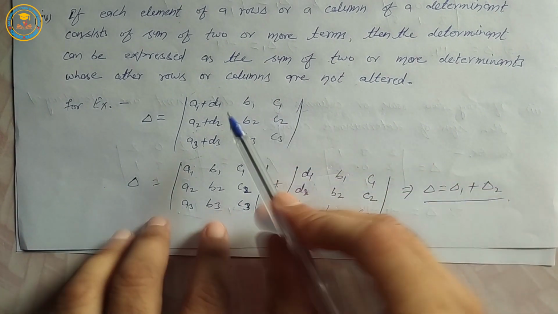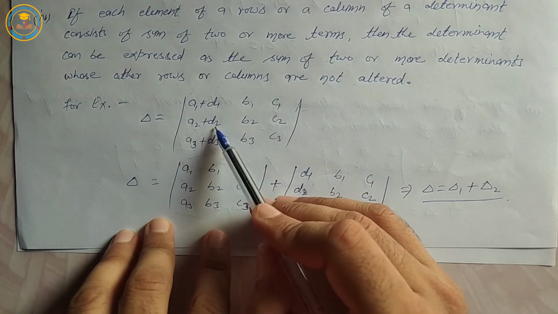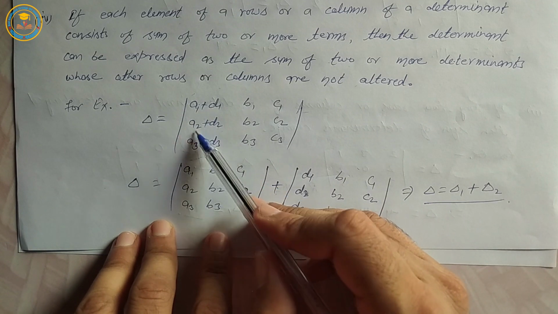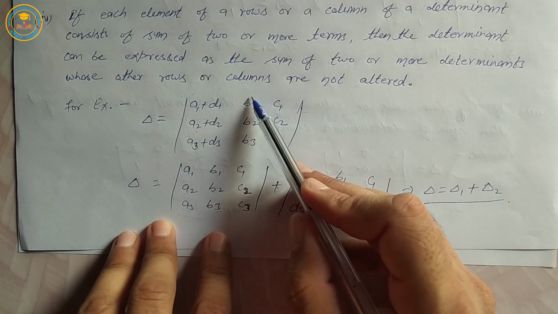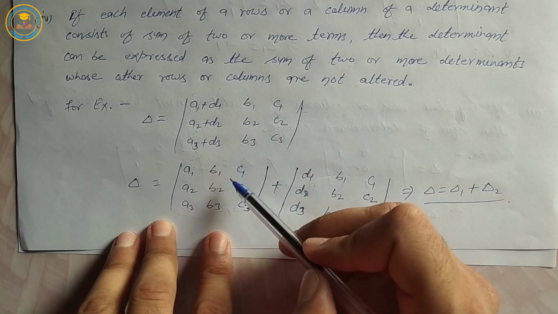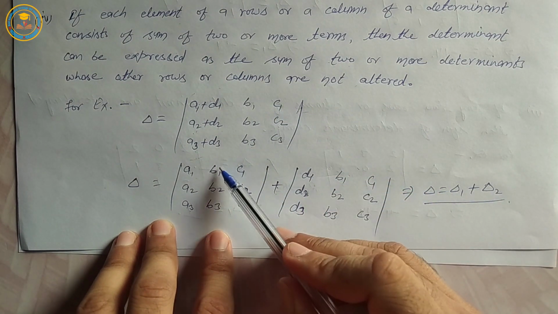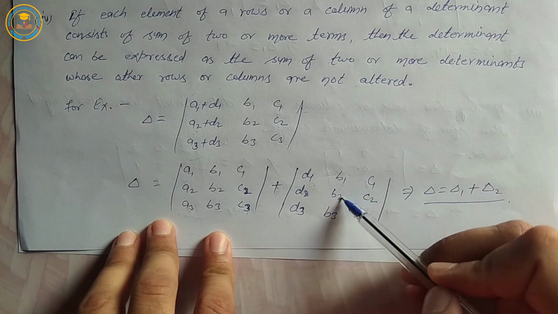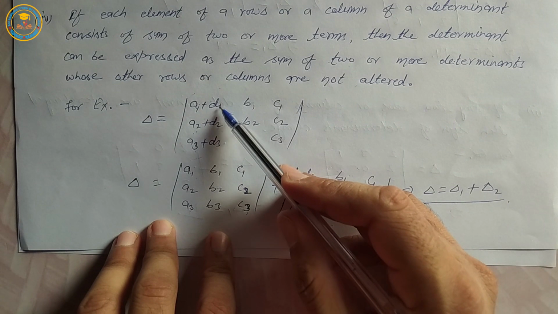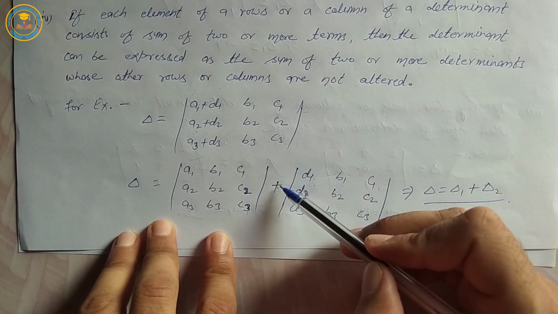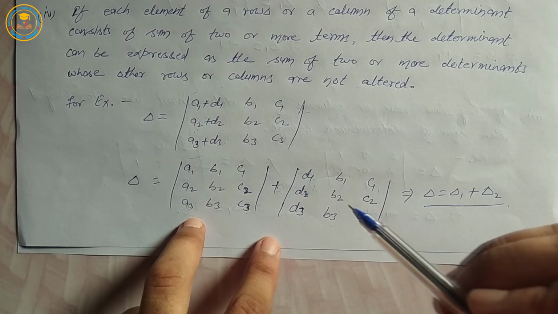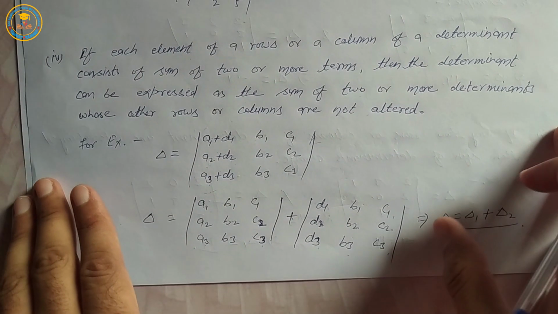Again, A1 plus D1, B1 C1, A2 plus D2, B2 C2, A3 plus D3, B3 C3 is equal to A1 A2 A3 with B1 B2 B3 and C1 C2 C3, the second and third columns the same, that is del 1, plus D1 D2 D3 with the same B and C columns, that is del 2. Okay, property fourth complete.